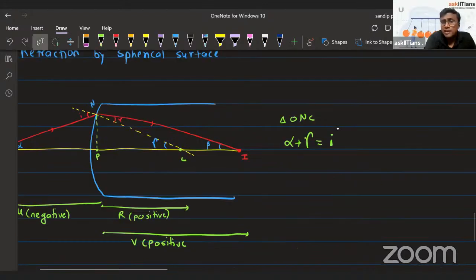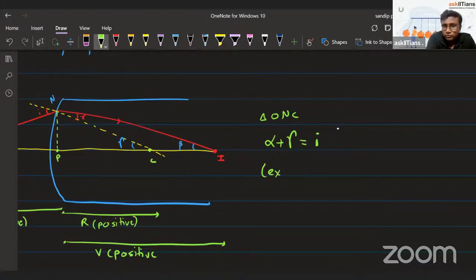So this is by the external angle theorem.